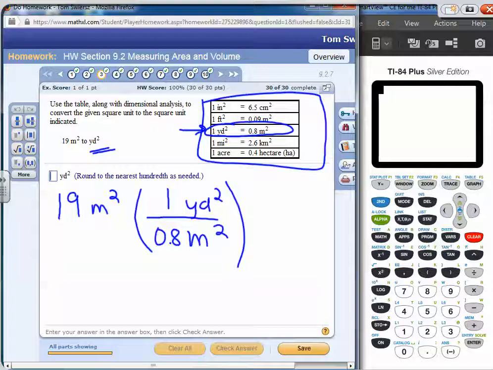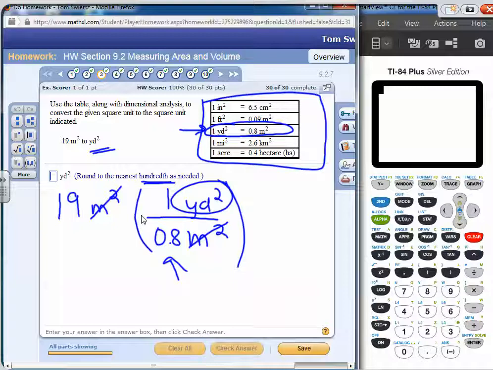So there's our conversion, and again, square meters will cancel. Everything's already in square units, so you don't have to square the number. Now notice the 0.8 is in the denominator, so we're going to divide 19 divided by 0.8, and then our new units will be square yards, which is what we want, and we'll round to the nearest hundredth, which is 2 decimal places.